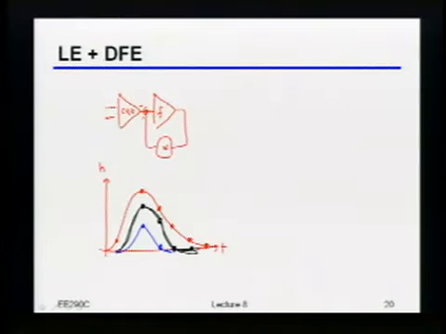By the way, another way of saying that this allows you to give up less DC gain is to say that effectively I've backed off on the bandwidth of my linear equalizer. Because notice the width of this pulse coming out of the linear equalizer is roughly twice as wide as it used to be. I'm not exactly 2, but ballpark. So indeed, because you always have to throw away DC gain to get a certain amount of peaking, you'll actually get a larger signal swing by backing off like this.